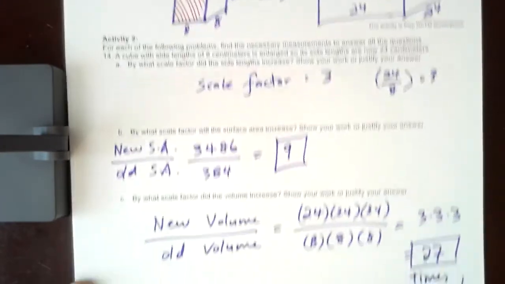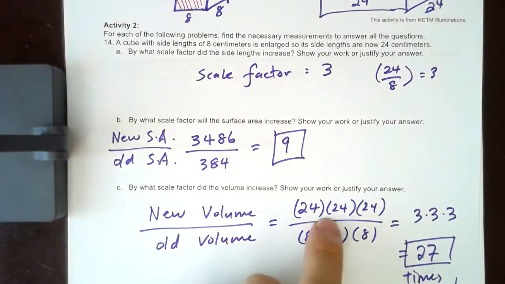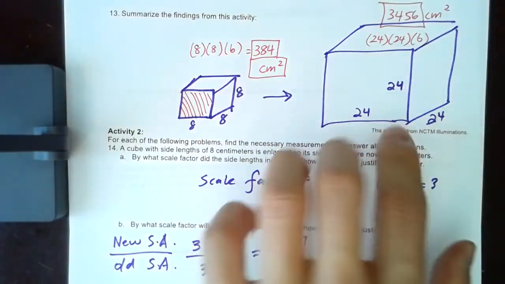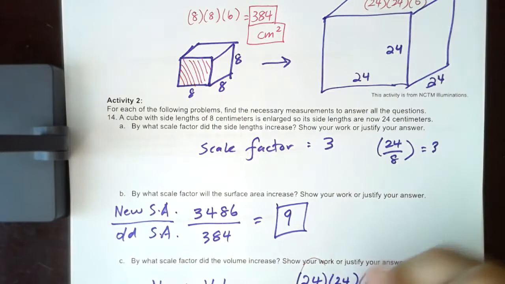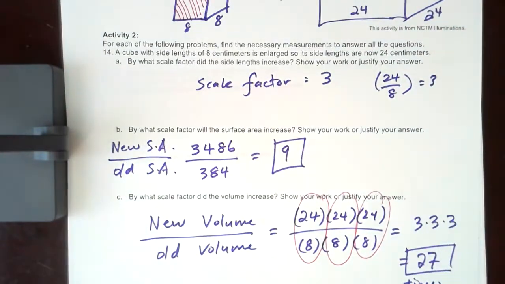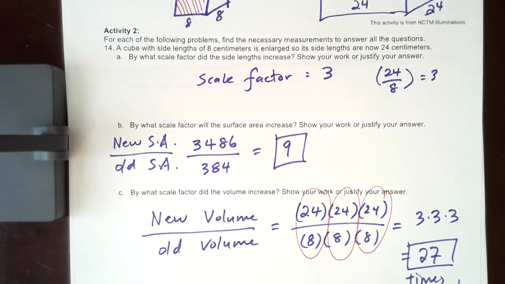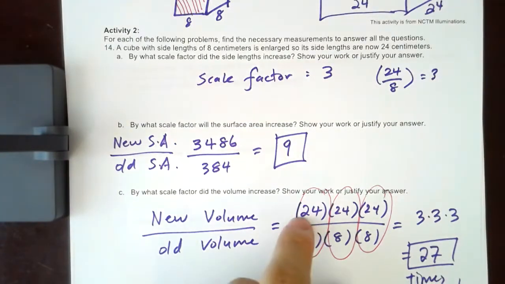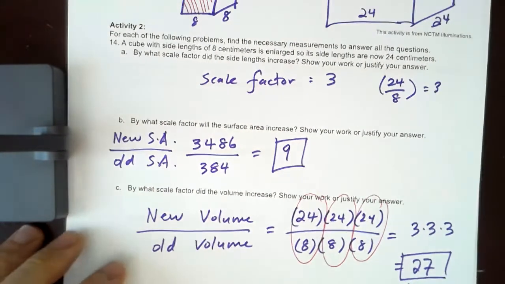All I'm doing is calculating the new volume with the new dimensions, 24 times 24 times 24, and you get a huge number. And I actually don't even need the number because this ratio is 3, that ratio is 3, and this ratio is 3. And really, you know that the volume is affected by the scale factor, by whatever the scale factor is, 3 times. That's why we call it cubed.